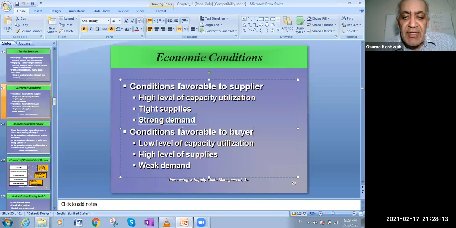Conditions favorable to the buyer are the opposite, because the supplier is the producer and the buyer represents the demand: a low level of capacity utilization, a high level of suppliers, and weak demand. Those are the market conditions.